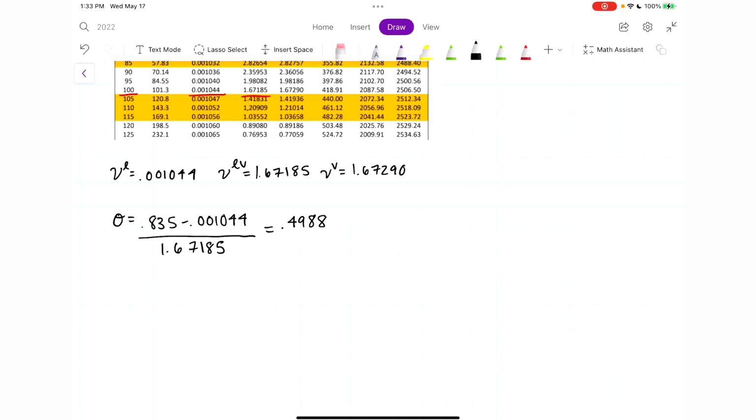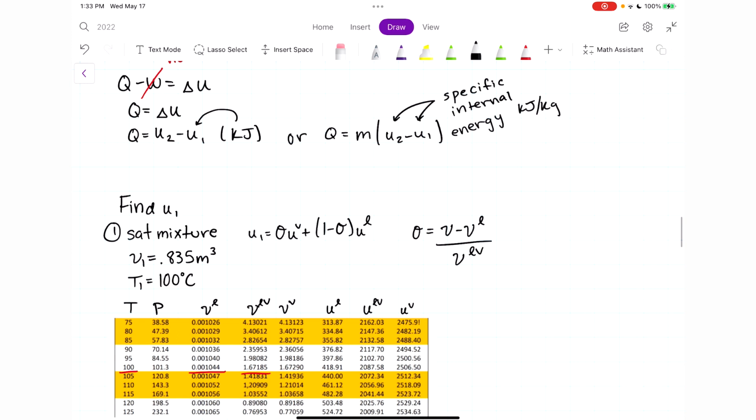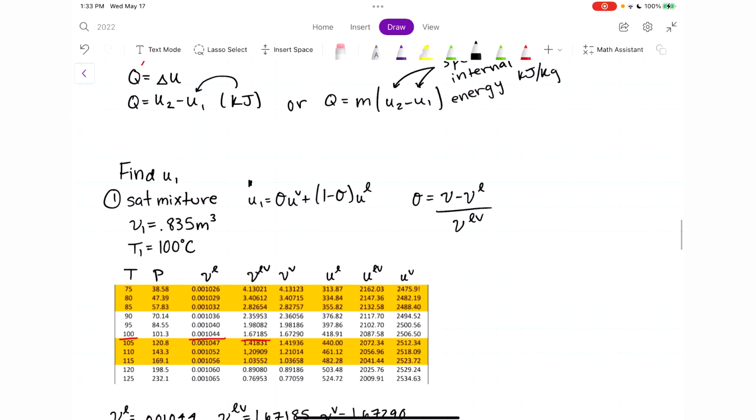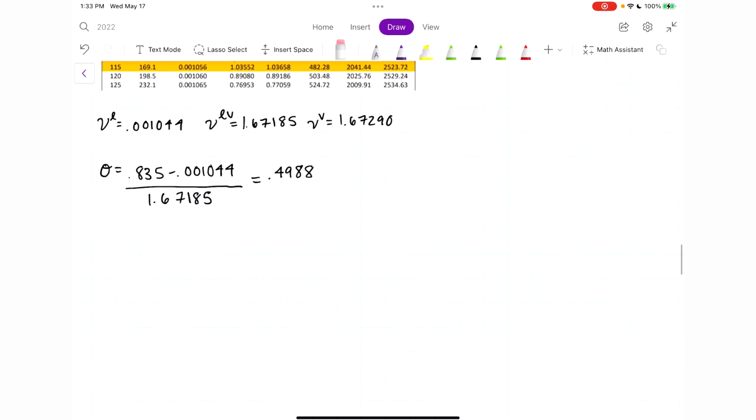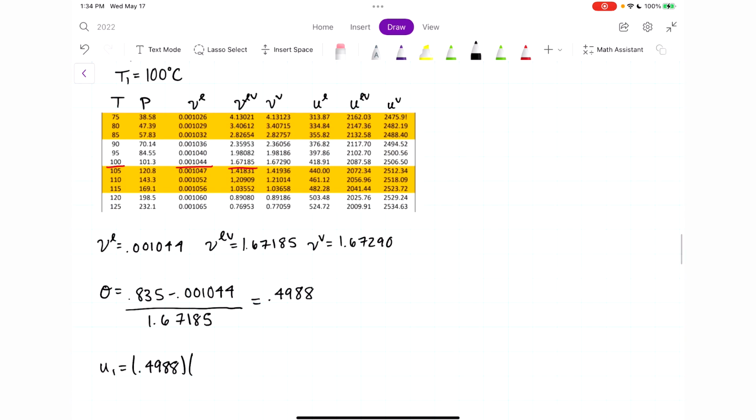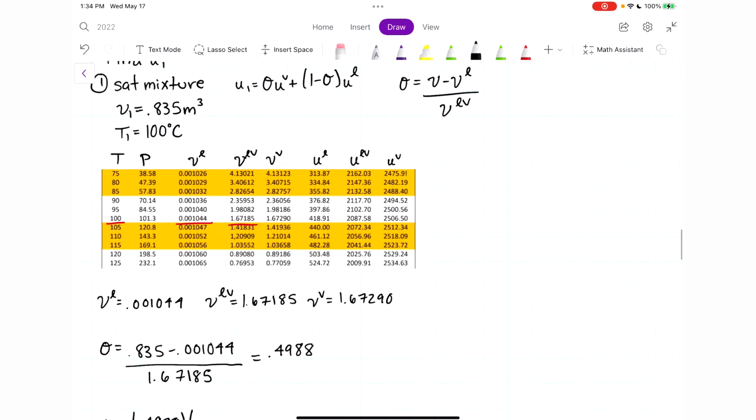Great. Now we plug it into our formula to figure out the internal energy in state 1. So U1 is equal to the quality, 0.4988, times our internal energy of the vapor phase.